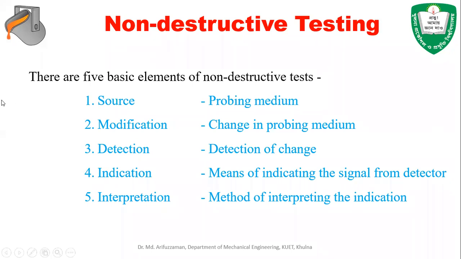First one is the source for non-destructive testing, which is called the probing medium. The second one is modification or change in the probing medium. That means this probing medium has to change.